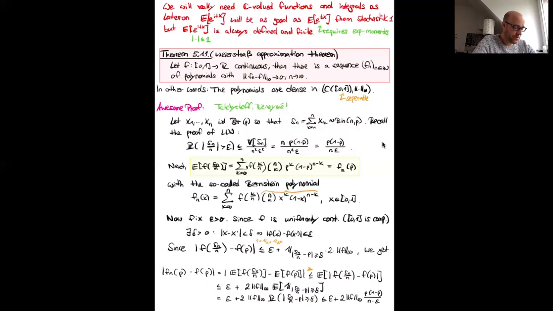Okay, next. We know, there's a minus p missing, sorry. We know how to estimate from the law of large numbers the probability that this sum divided by n minus p is larger than epsilon. Well, what is p in this case? p is the expectation of X1.